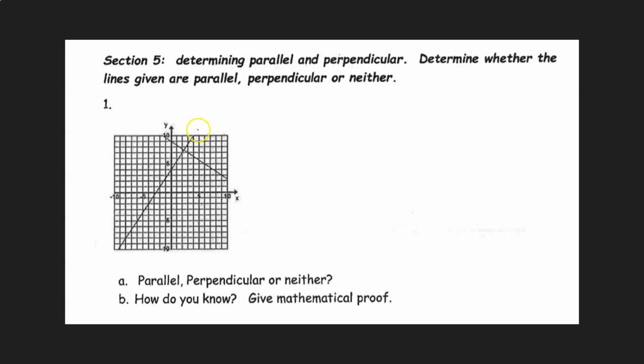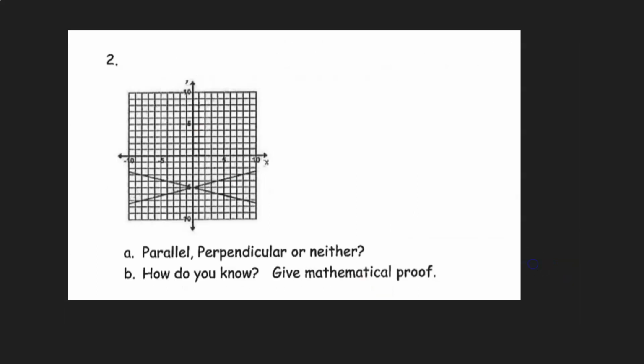So this one has a slope of 3/2, and this one, if you make your triangle, has a slope of negative 2/3. So those slopes are negative reciprocals, so they are perpendicular. And the mathematical proof is that their slopes are negative reciprocals.